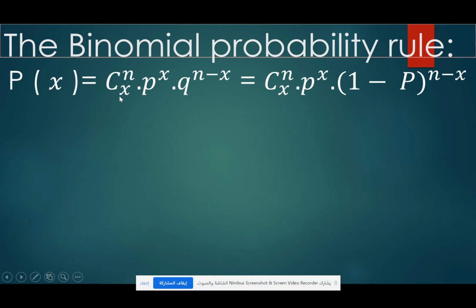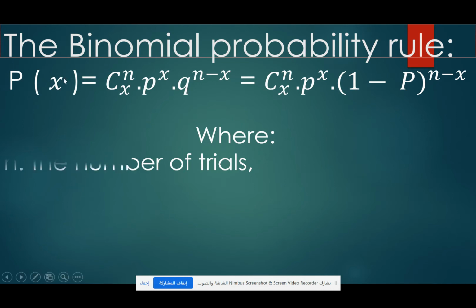And we need to know what do x, n, p and q mean, so we are going to discuss each. n means the number of trials. For example, when we are doing an experiment of tossing a coin, you can toss it 10 times. That means the number of tosses is 10, which is n, the number of trials.